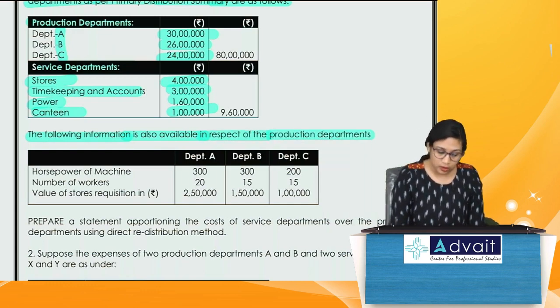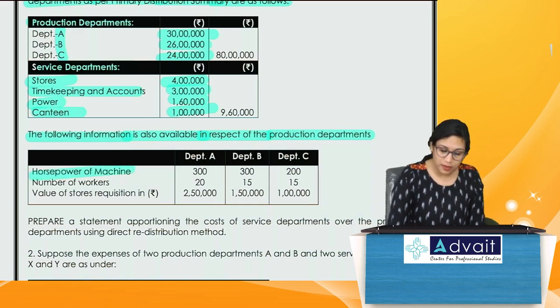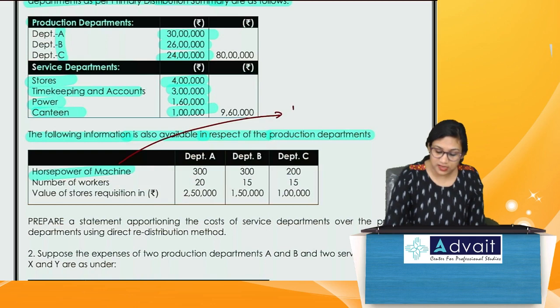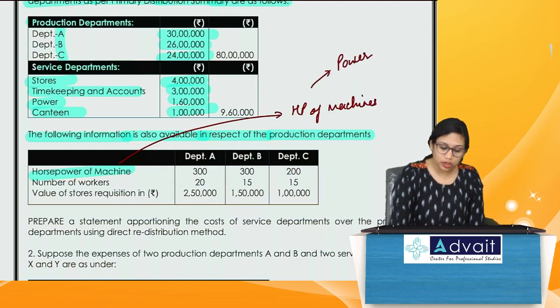The following information is also available in respect of the production departments. What have they given? Horsepower of machines. Yesterday we were discussing HP of machines. This is a unit of power.